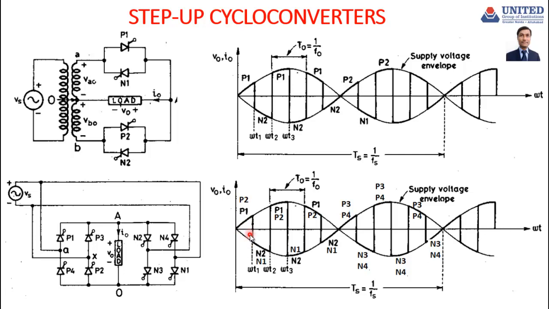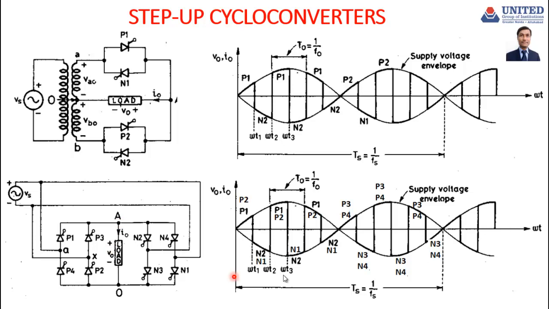At omega t is equal to omega t1, the pair P1 P2 is force commutated, and the forward biased pair N1 and N2 is turned on. Therefore, the load voltage is negative, with O positive with respect to capital A negative.